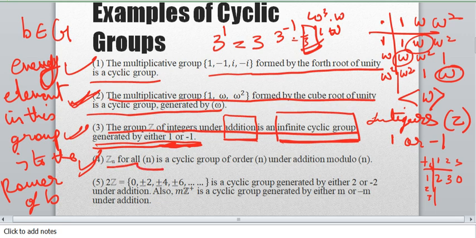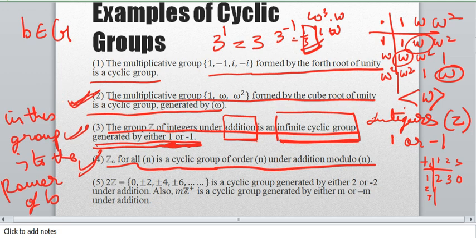Zn for all n is a cyclic group of order n under addition modulo n. So Zn is a cyclic group. Students, I don't think that explaining that is enough.